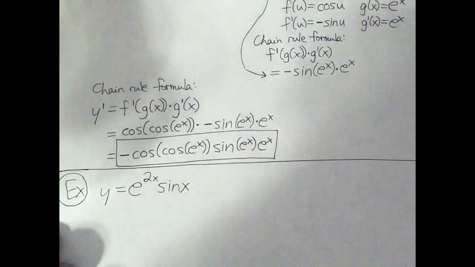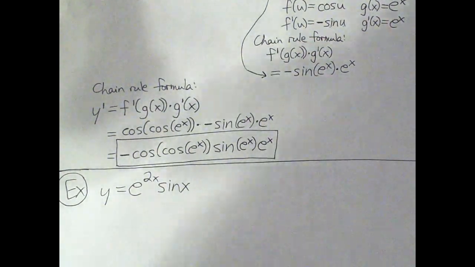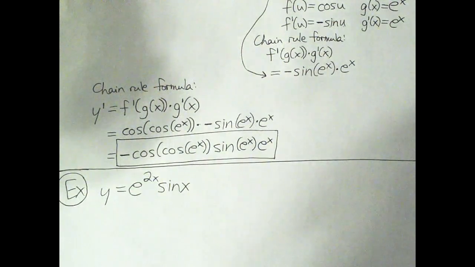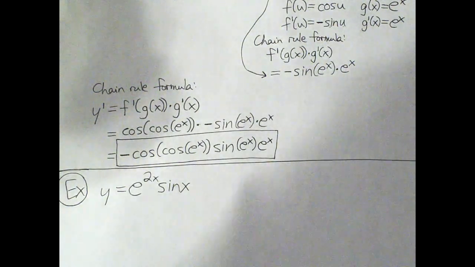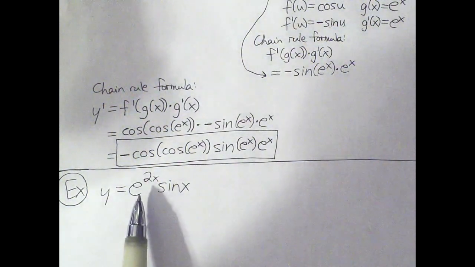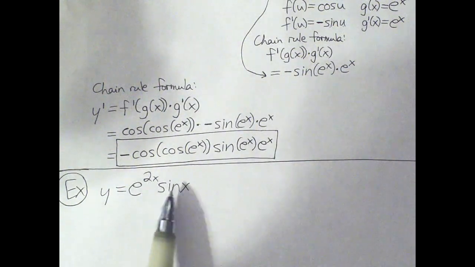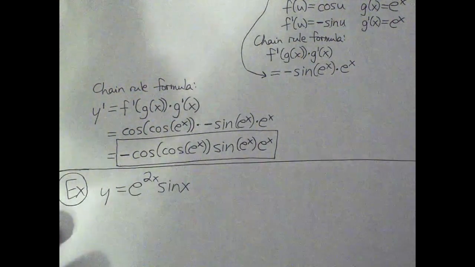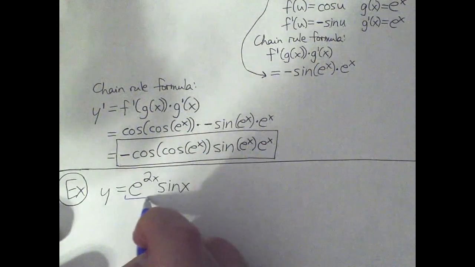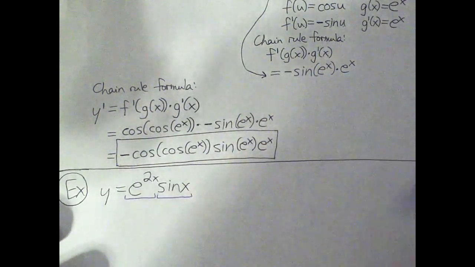But we're going to differentiate y equals e to the 2x sine x. First thing to do is to identify, is this a chain rule problem? I mean, it's in the chain rule section, so yeah, probably. But wait a second. Isn't this a product? E to the 2x times sine x? Couldn't I underline and say this is my first piece and this is my second piece?